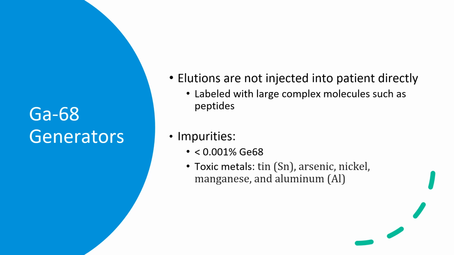The impurity there is that it must be less than 0.001% of germanium, and there are trace amounts of some toxic metals that can come through, so those levels need to be tested also, and those are tin, arsenic, nickel, manganese, and aluminum.